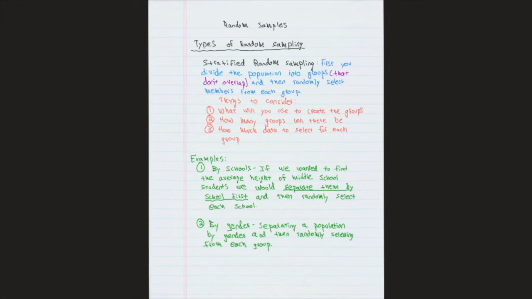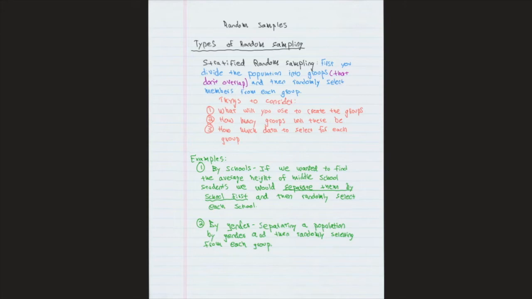Otherwise, the chances of being selected are not equal and thus not random or equally random. So when you divide the population into groups, then you randomly select members from each group. So in stratified, you're separating them into 2 groups or 3 groups, and then in each group you're doing a simple random sampling.